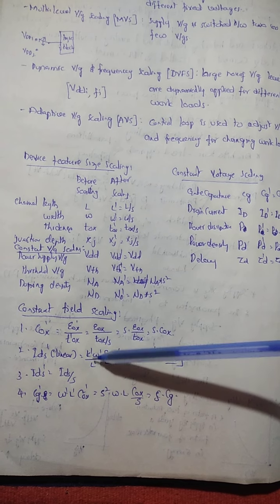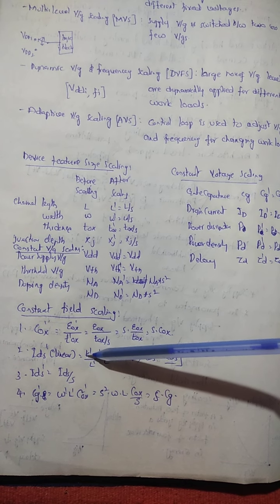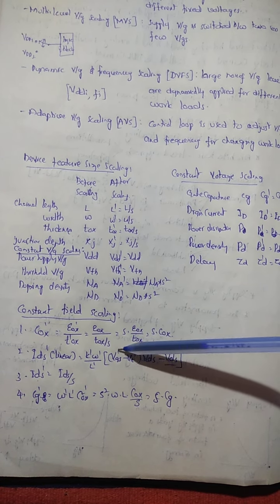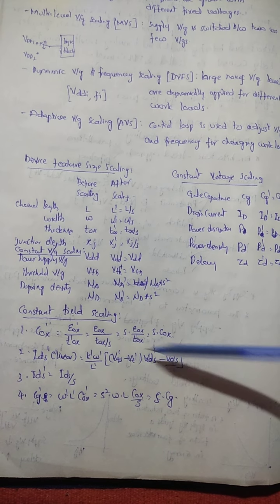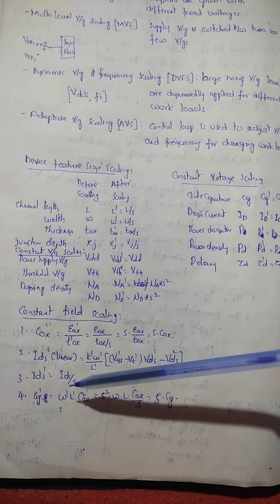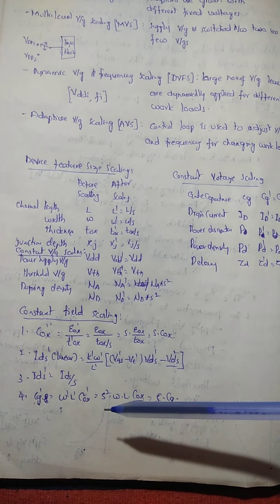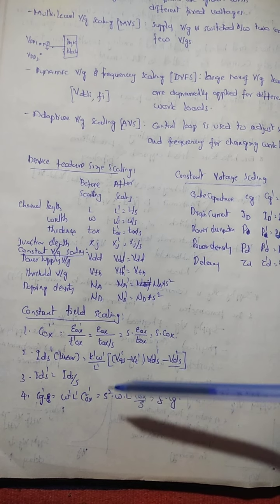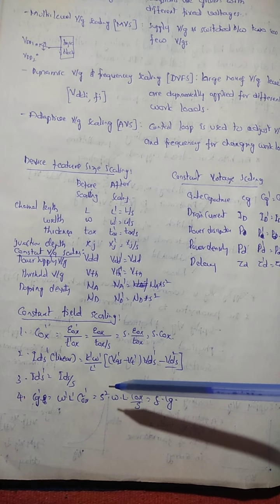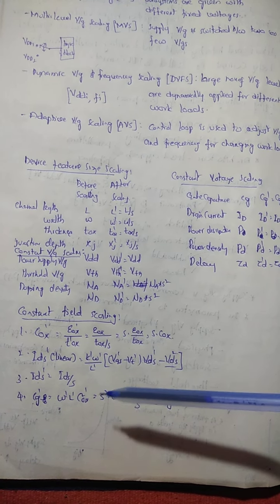The thickness changes, so K also changes. The voltages are all reduced as well. So we can say that IDS is reduced by a factor of S, and the power dissipation is reduced by S square.